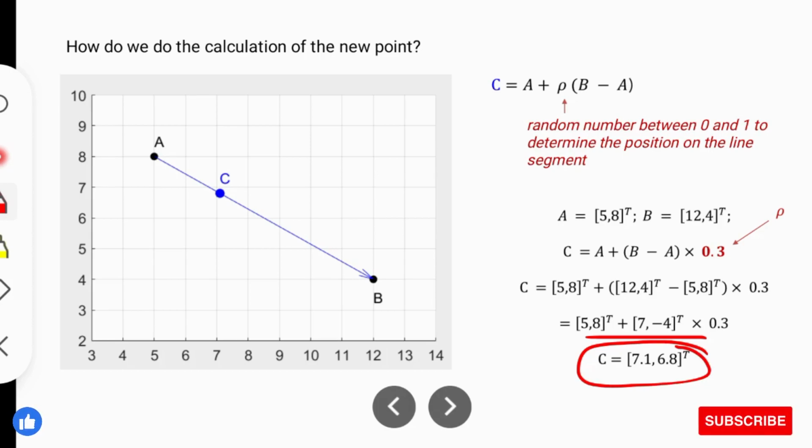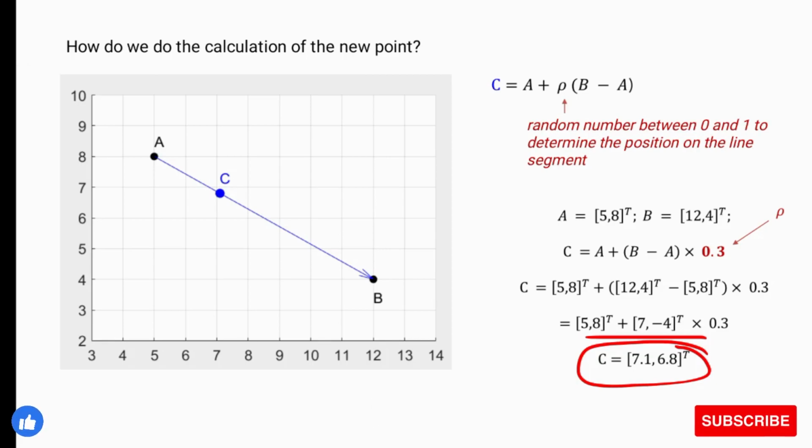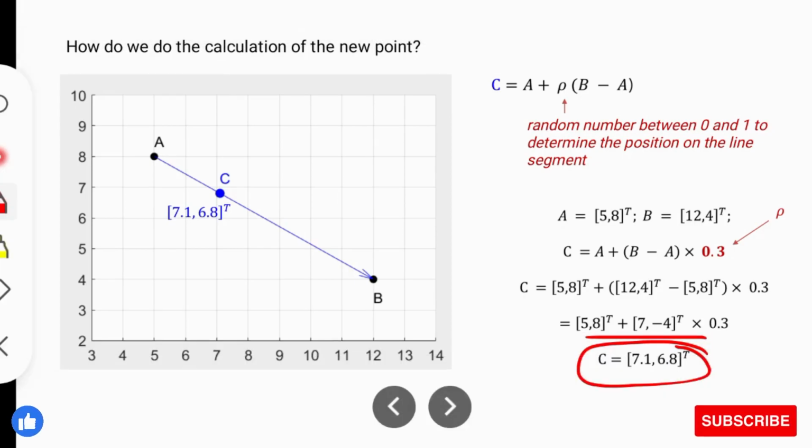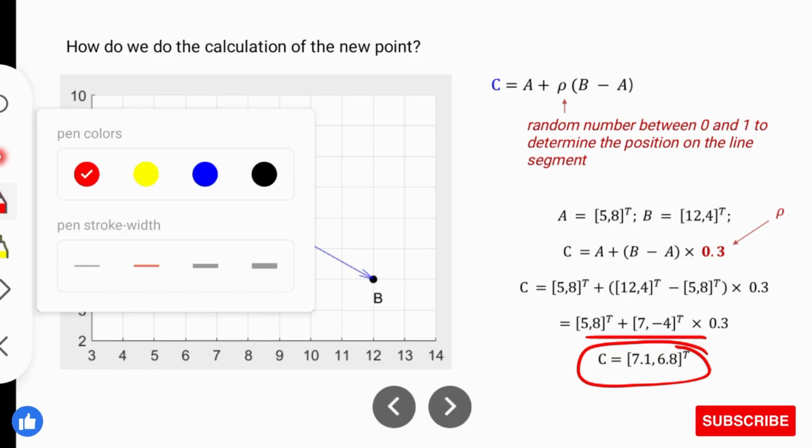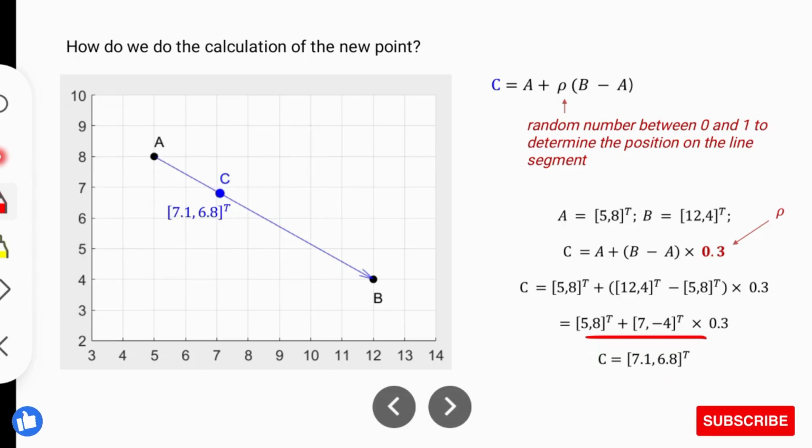Now, even if I hadn't drawn the line in, and just put C in there without the line, we could put the line in and see that it does lie on that line. And if we do roughly the same distance again, we can see that it's roughly in thirds, isn't it?